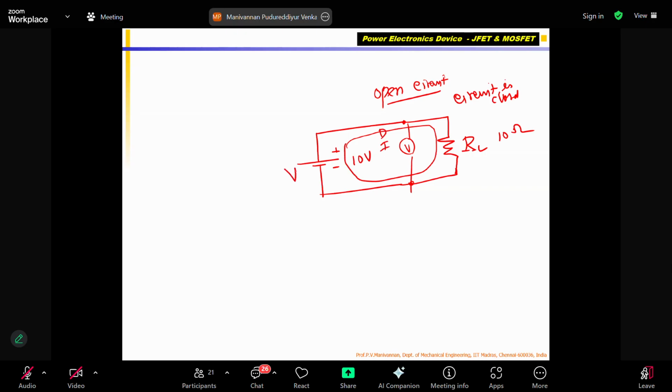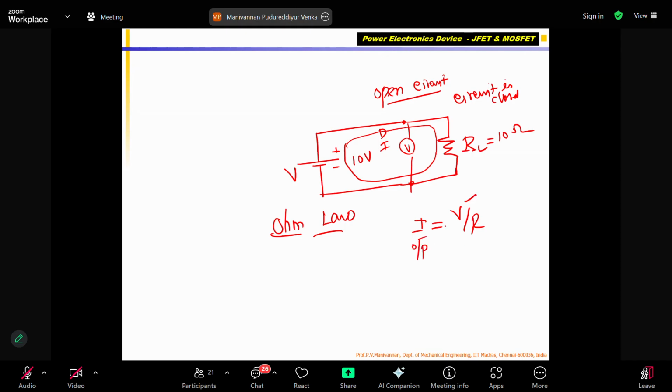Okay? This I call V equal 10 volts. Because I connected the load across this voltage source, definitely current has to flow according to Ohm's law. Correct? Ohm's law is from the person who invented this concept of the voltage-current relationship. What it says is I equal to V by R, where V is the input and I is the output.